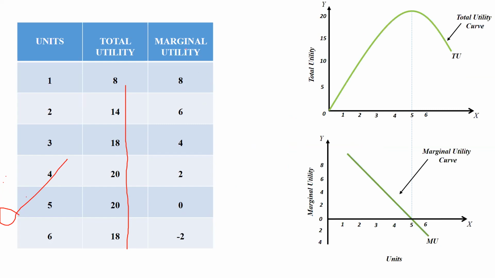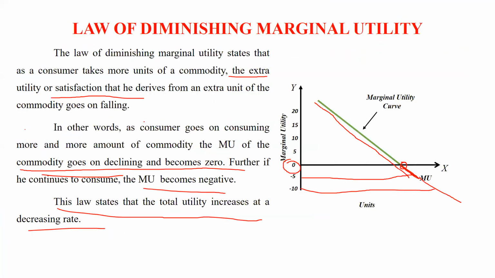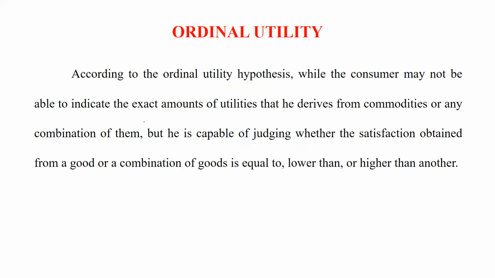Here is marginal utility, which is reducing: 8 to 6, after that 4, and so on. So we can say total utility is increasing, but at a decreasing rate. Why? Because marginal utility is decreasing. I hope this table is clear to you.